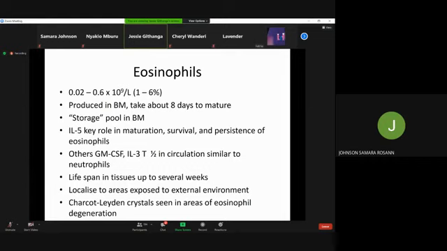And you will later be learning about the things that cause eosinophils to increase. I just gave you allergy or allergic situations as one.